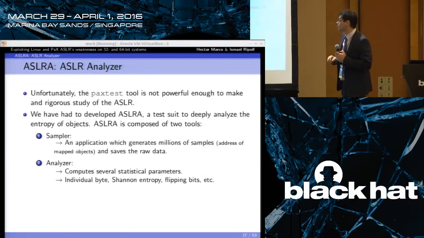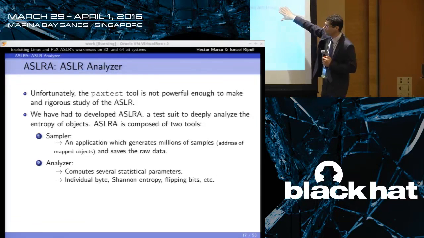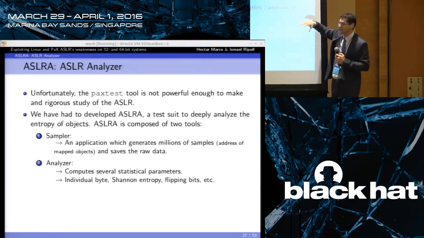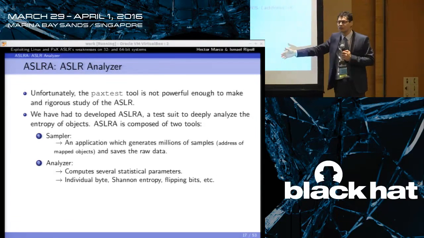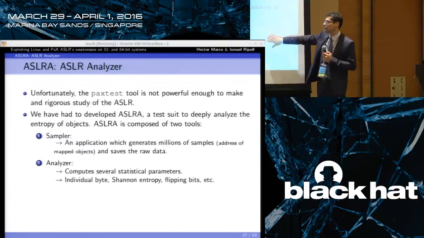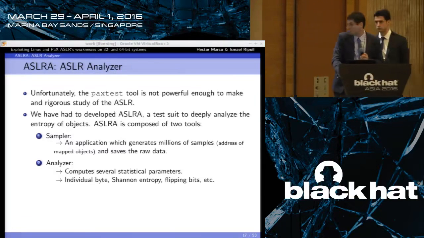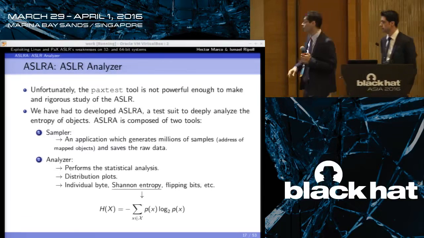So we need a much more powerful tool. We developed a tool with two elements: the sampler, which collects a lot of data, a lot of addresses, a lot of information about the layout of a process, and the analyzer, which computes several statistical parameters.